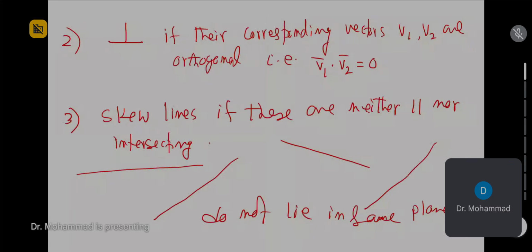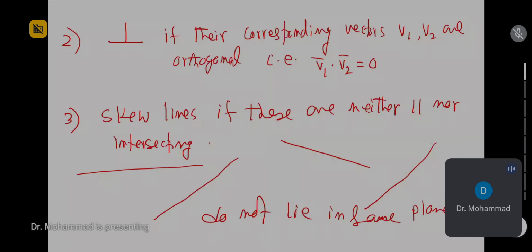So basically here we got three types of lines. Number one, lines are parallel. It means L1 equals kL2, or maybe L2 equals kL1. Whenever the lines are perpendicular, it means the corresponding vectors V1 and V2 have a dot product equal to 0.